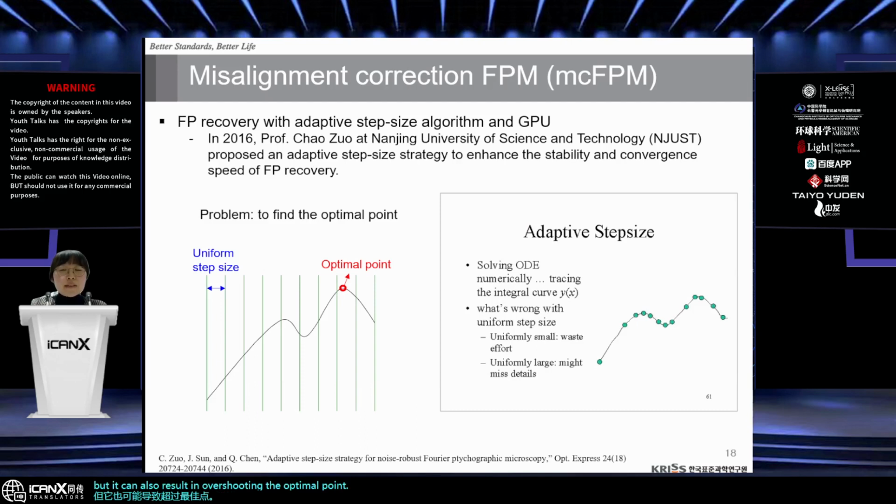On the other hand, if the step size is set too small, it takes an extremely long time to reach the optimal point. To address this issue, we applied an algorithm called adaptive step size, which was proposed by Professor Chao Zuo, who is attending this talk. This allows us to optimize both the time to reach the optimal point and the stability.